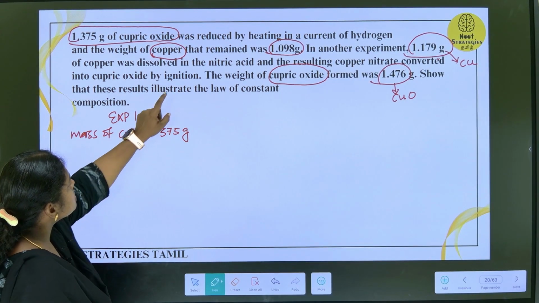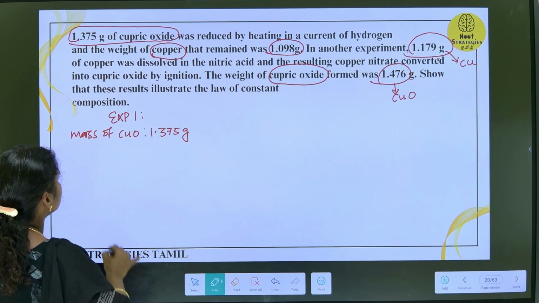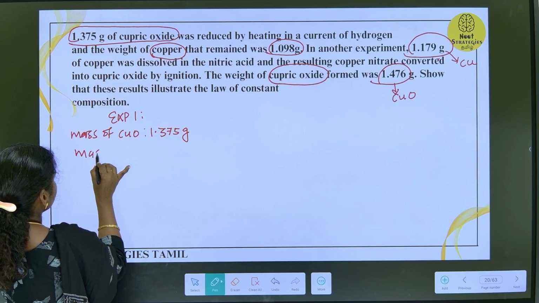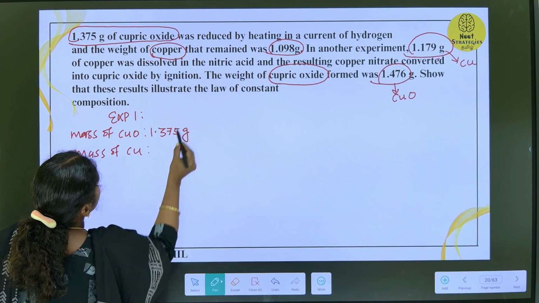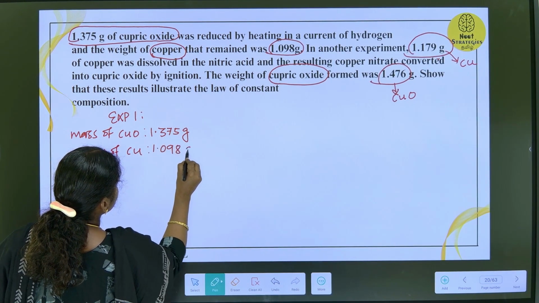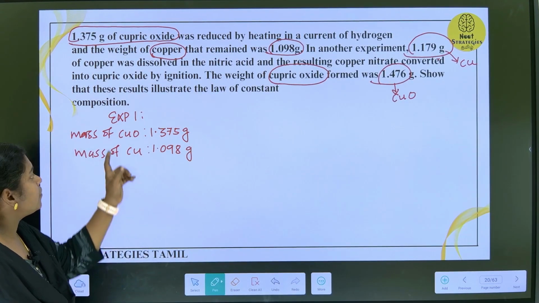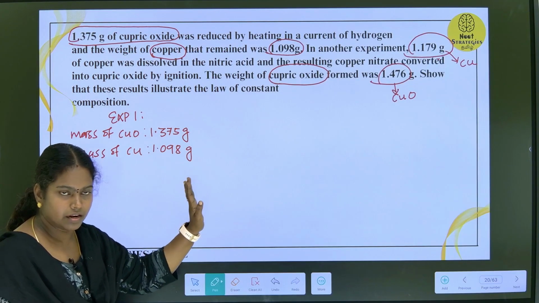Then was heated by current of hydrogen, mass of copper, எவ்வளவு கொடுத்திருக்காங்க? Mass of copper, it becomes equal to 1.098 gram, ஓகேங்களா. இது from the first experiment கான data, these are the things it is given.